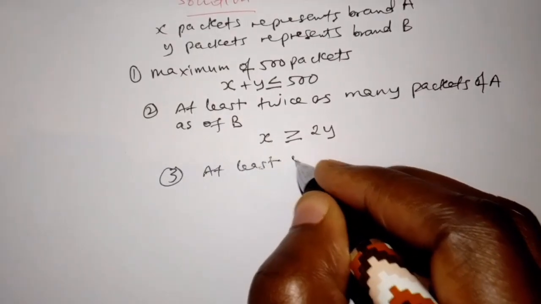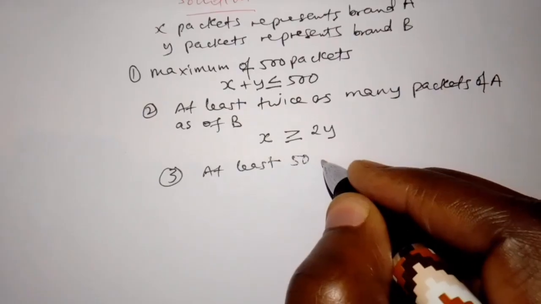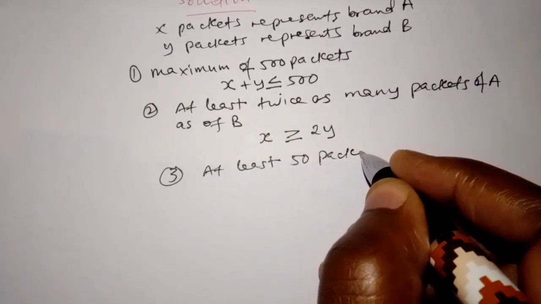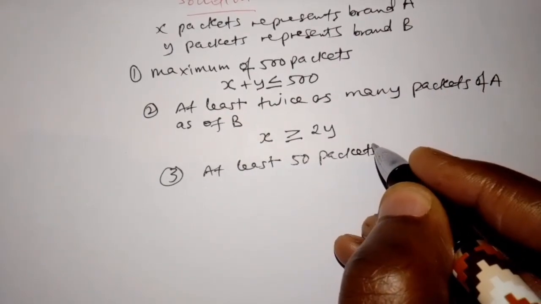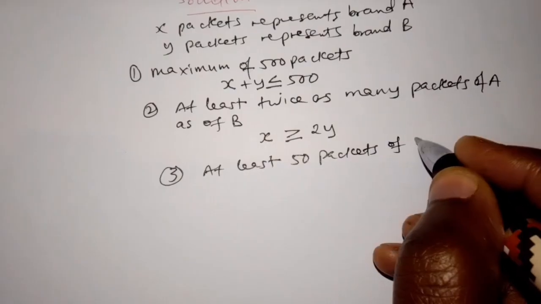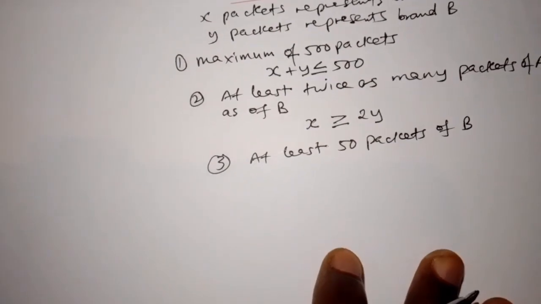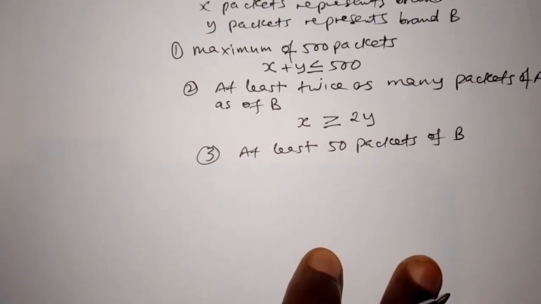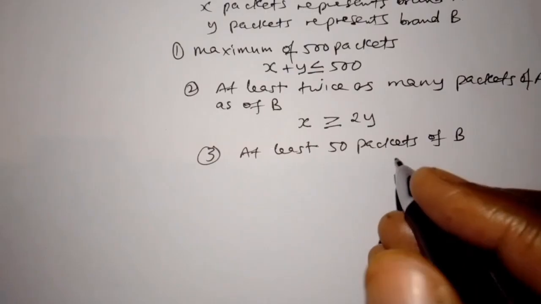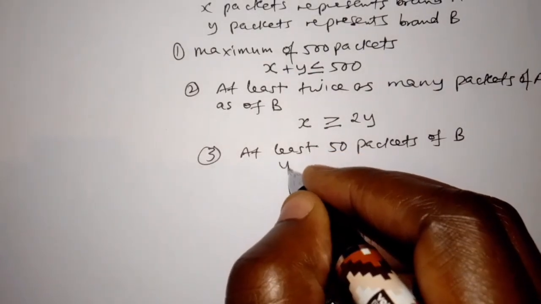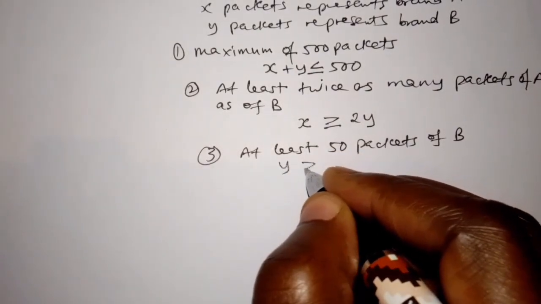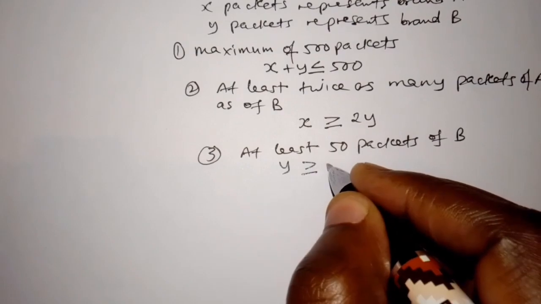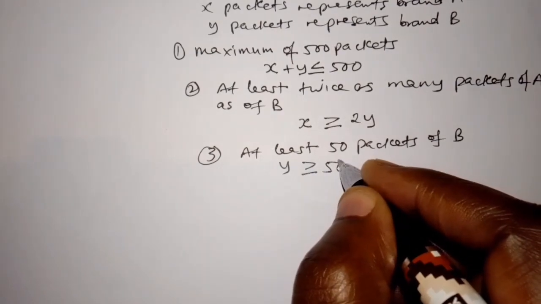At least 50 packets of B. We can represent this as Y is greater or equal to 50.